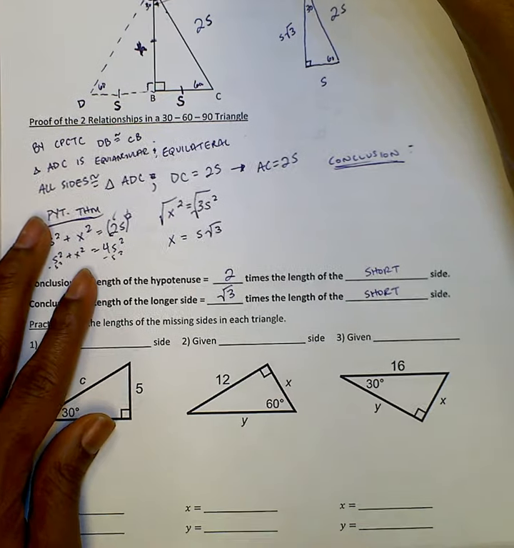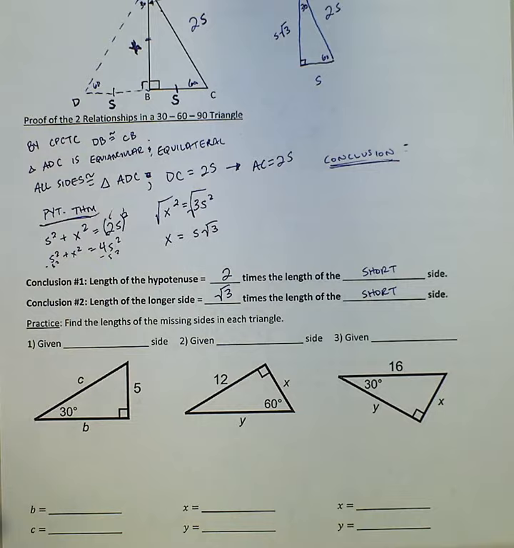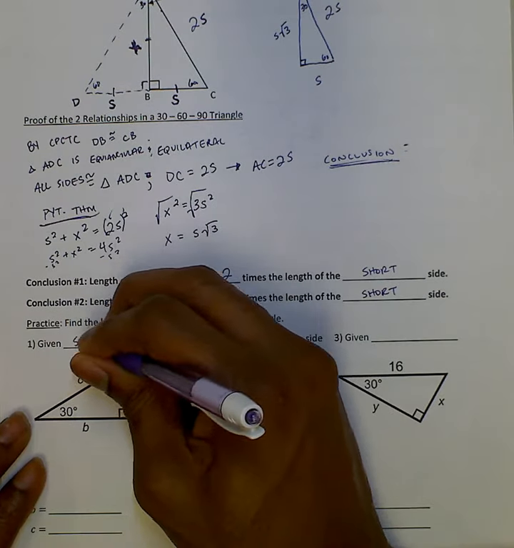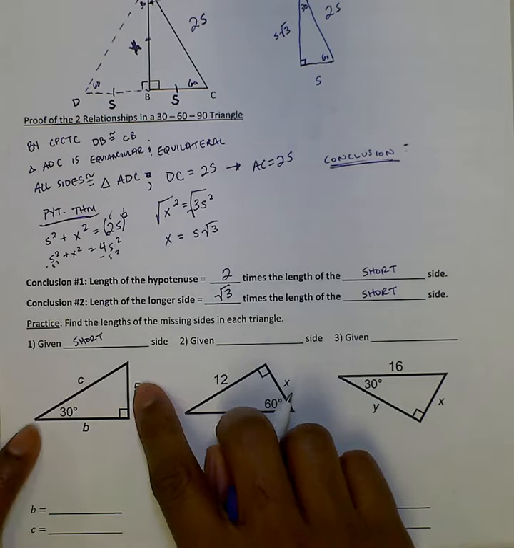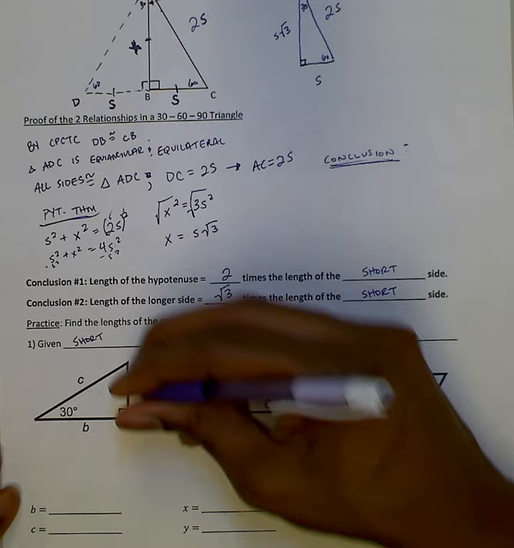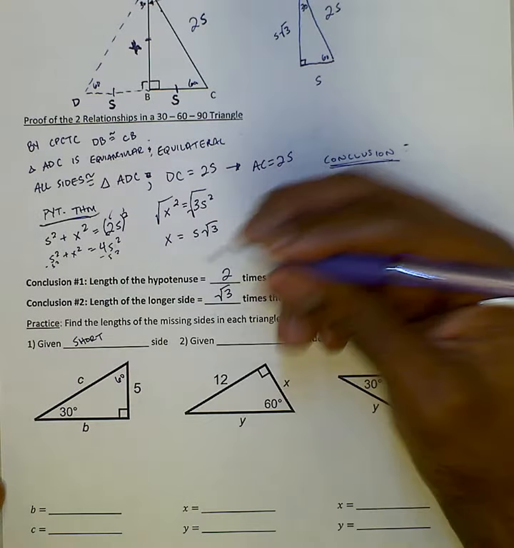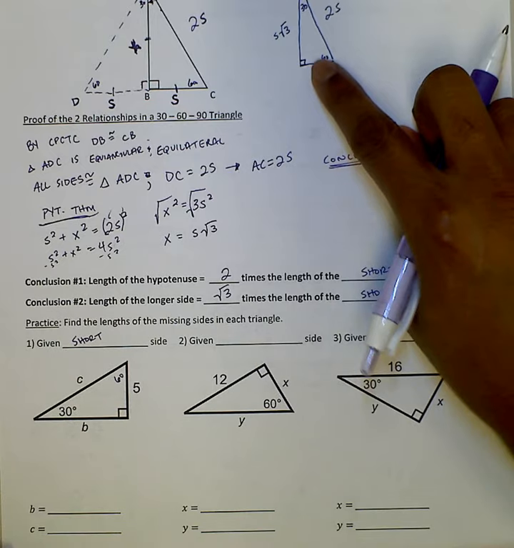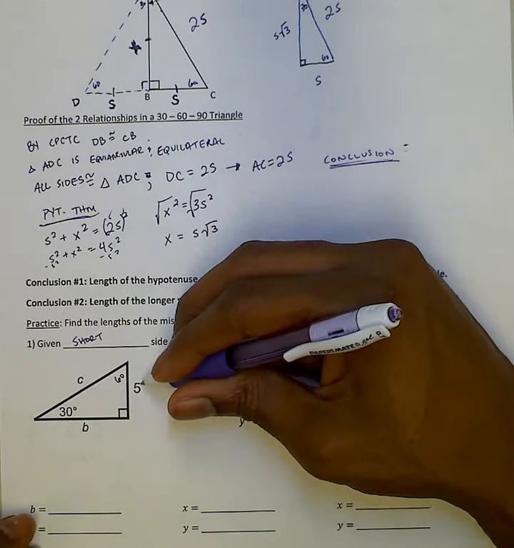Let's look at the possible situations. You can be given the short side, like in this problem. We're given the short side, which we know because it's across from the 30-degree angle, and we find the other two sides. You'll have to remember this triangle so you can use it quickly. It's a little bit faster than using trig.